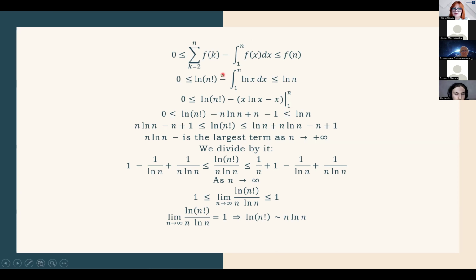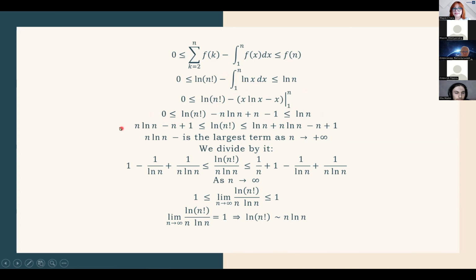Then we get that 0 is smaller than the logarithm of n factorial minus n logarithm of n plus n minus 1, and it's smaller than the logarithm of n.